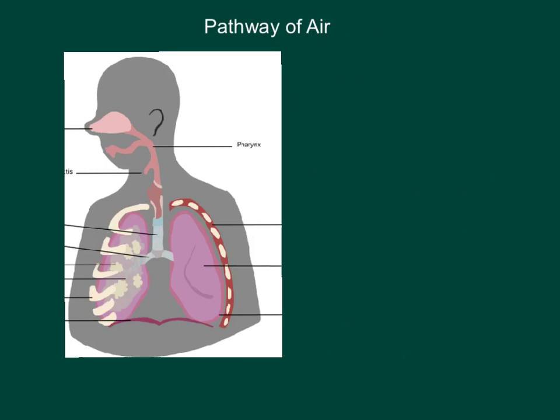Okay, so you might be asked in the exam to describe the pathway of air, or the flow of air down the respiratory system. So first we're going to start off with air entering the mouth. So we'll write that down. So it starts off, enters mouth.